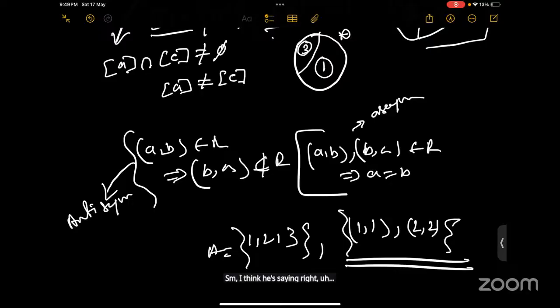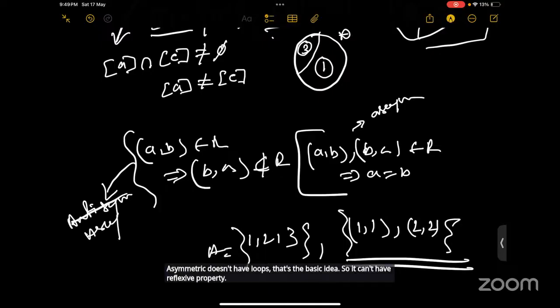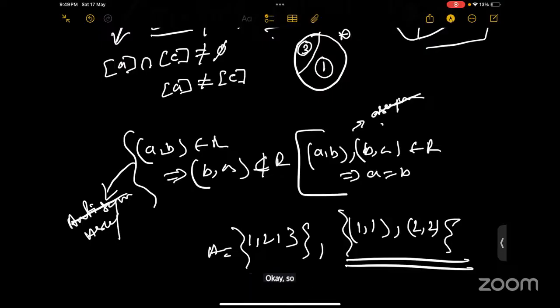A equals B is antisymmetric, ma'am. Actually, you're interchanging the definitions. Yes, ma'am. Let us take it: asymmetric doesn't have loops. That's the basic idea, so it can't have the reflexive property. Okay, so this is antisymmetric maybe. Is it fine now? Yes, fine, ma'am. Thank you.